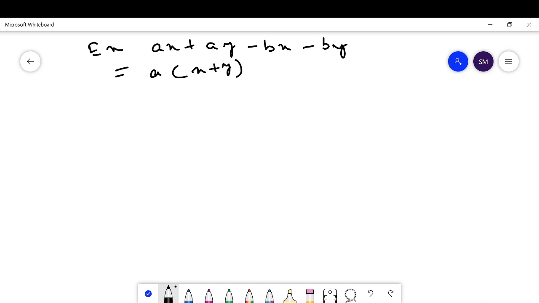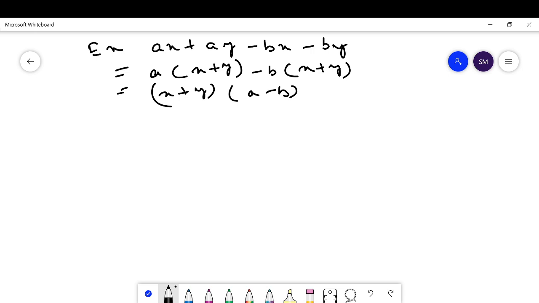Then these two terms, what is the common term here? Here is minus b. Taking minus b out, here only x plus y remains. x plus y is the common term in this given expression. Then take x plus y out. What is here? a minus b.